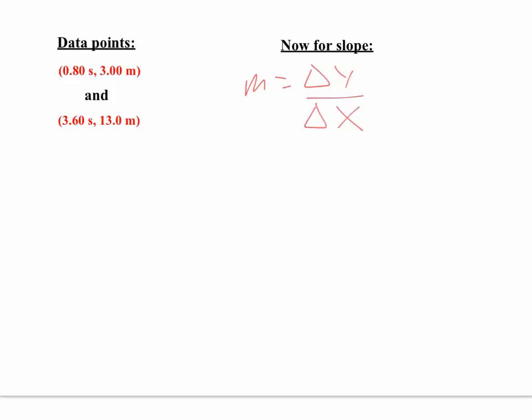You'll see that a lot in physics, and anytime you see that, it tells you that you're going to subtract two values: your final value minus your initial value for y, so y2 minus y1, over your final value for x minus your initial value for x, or x2 minus x1.